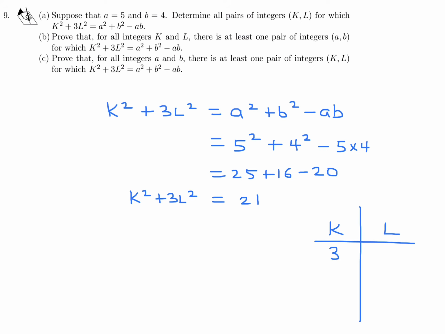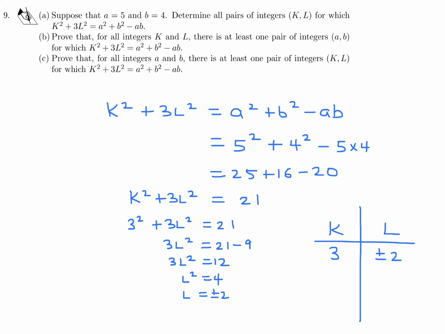We get 3 squared plus 3l squared is 21. So actually it's 3l squared is equal to 21 minus 9. So 3l squared is actually 12. So l squared is 4. So l would be plus or minus 2.